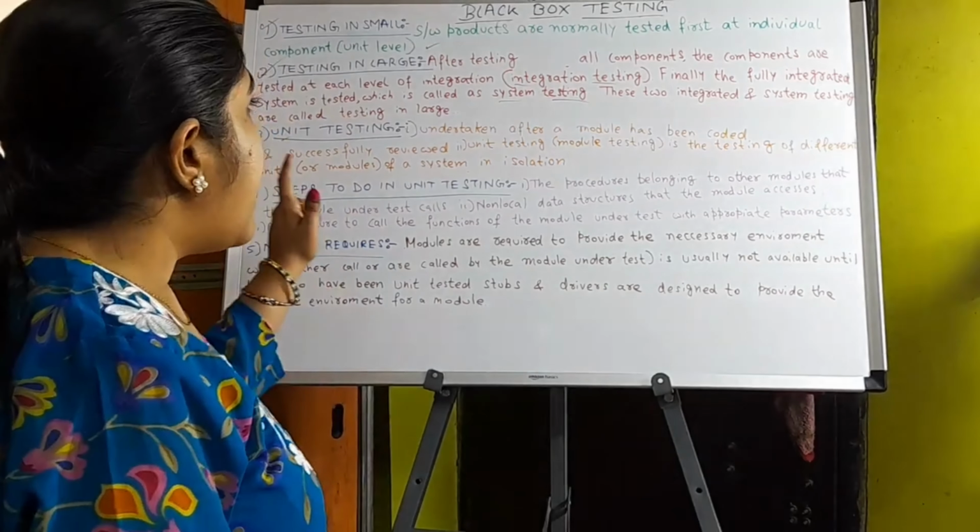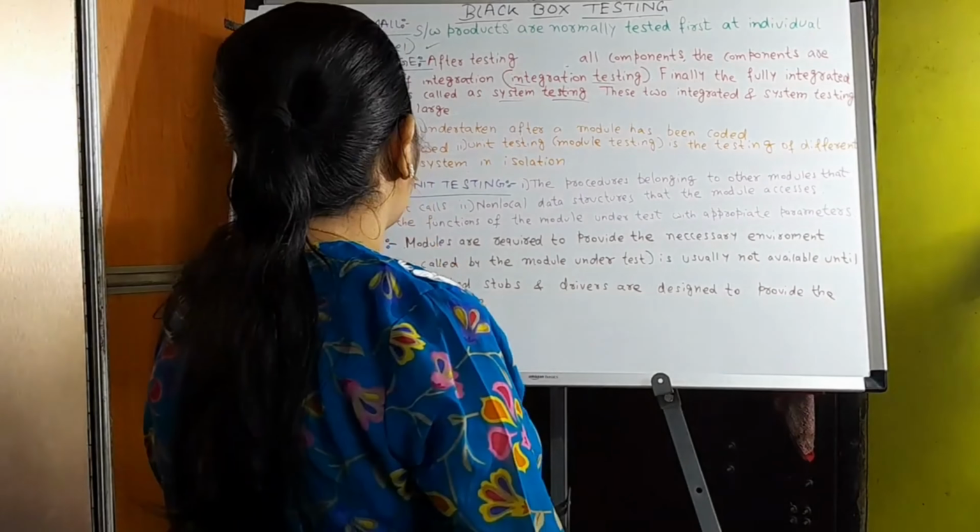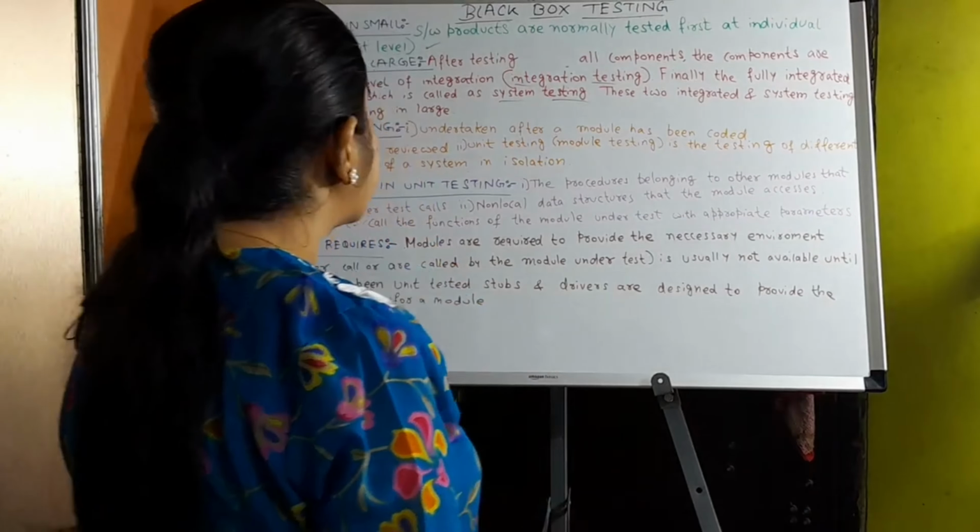Unit testing is undertaken after a module has been coded and successfully reviewed. Whatever system you have taken into account, you have coded the whole module and your review has been done successfully. When the coding and review have been completed, the unit testing phase comes.